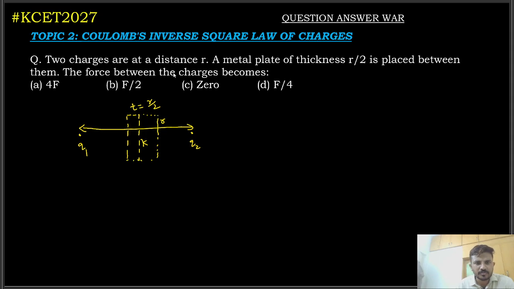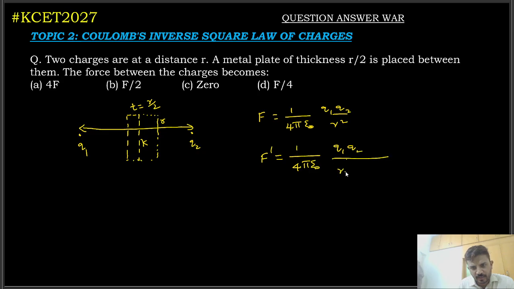The force between the charges becomes, so F is given by 1 divided by 4 pi epsilon naught Q1 Q2 divided by R square. But F dash is given by 1 over 4 pi epsilon naught Q1 Q2 divided by (R minus T plus T by root K) whole square.